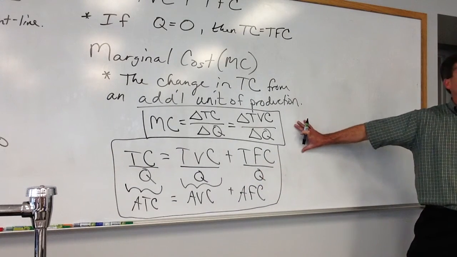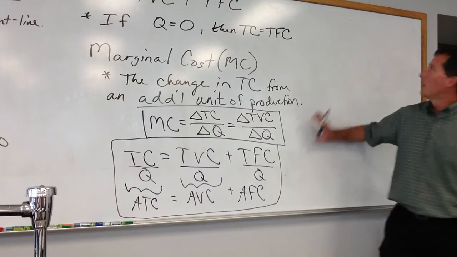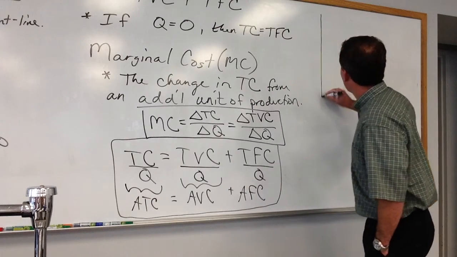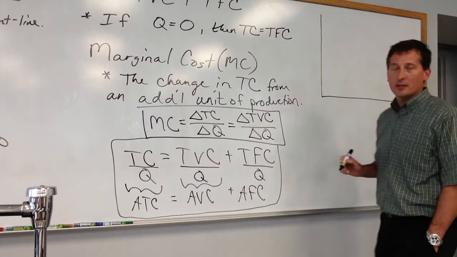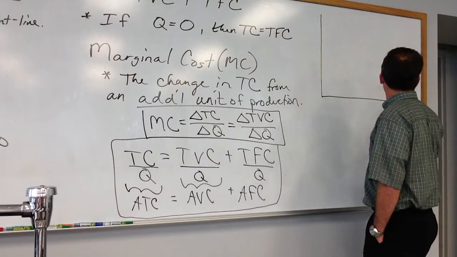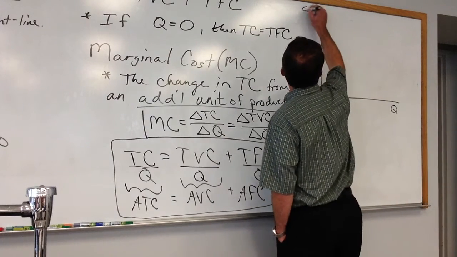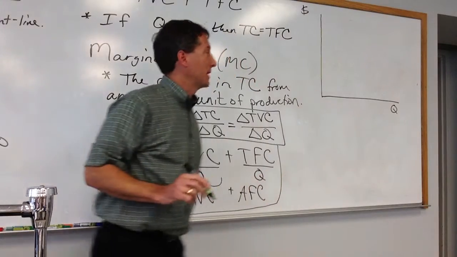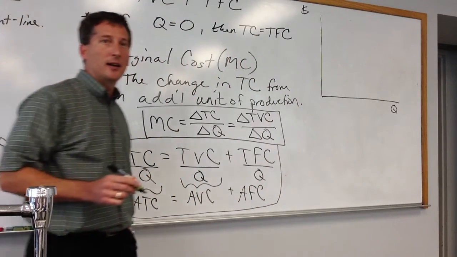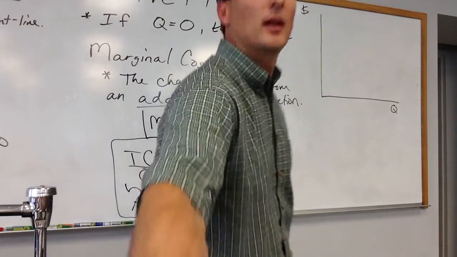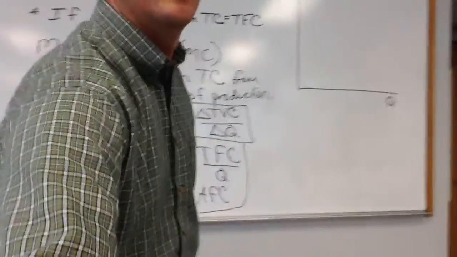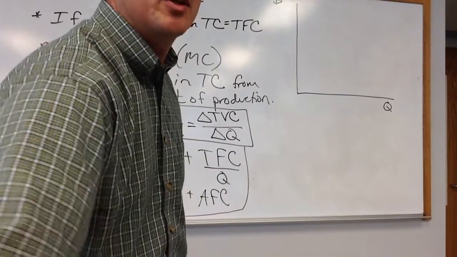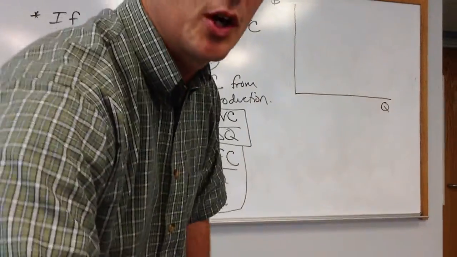Okay? All right, so graph. We did the graph already of the average fixed costs, and I want to leverage some of that information today as we draw the average variable and the average total.